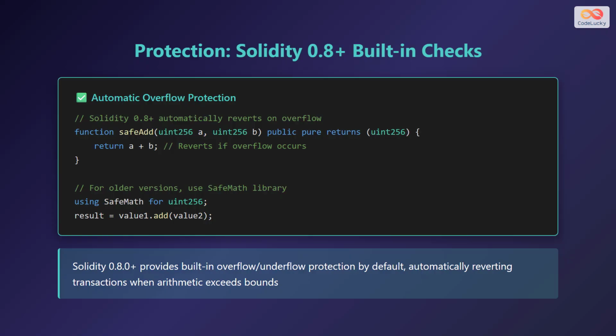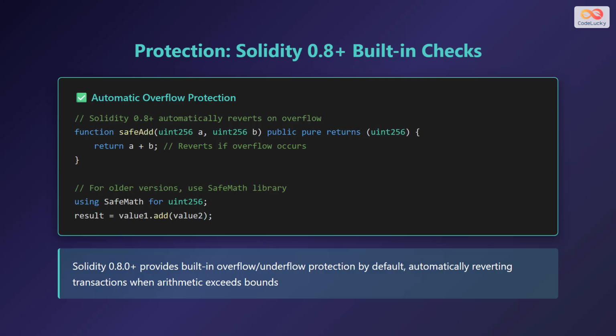Fortunately, Solidity version 0.8 and later provides built-in protection against overflow and underflow. The compiler automatically checks all arithmetic operations and reverts the transaction if an overflow or underflow would occur. In this safe add function, the simple addition operation is protected automatically.